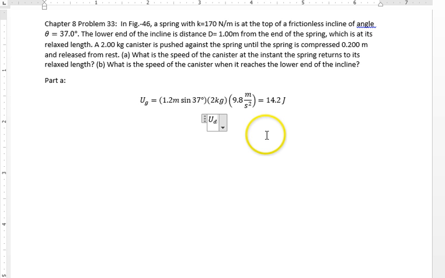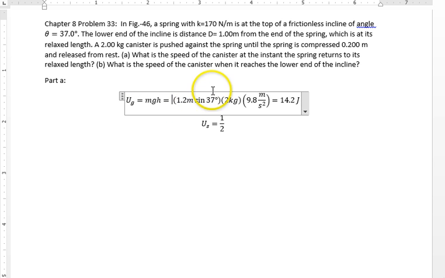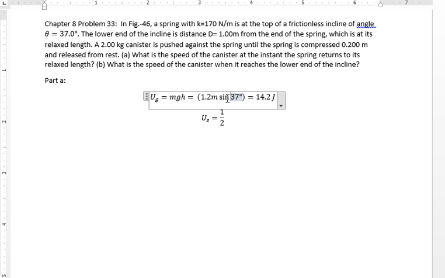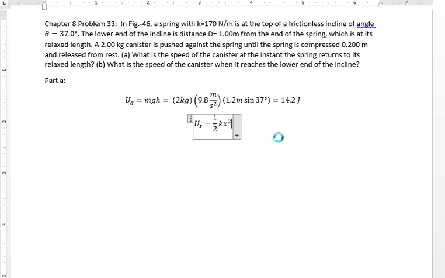Next, I'm going to write U sub S. How much energy is stored in the spring? Let me stick in here U_G is mgh. For your studying purposes, I'll stick these out front, so we have mgh in the equation. Then 1/2 kx squared is the potential energy stored in the spring.